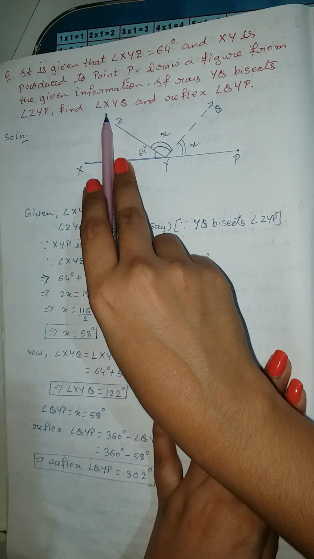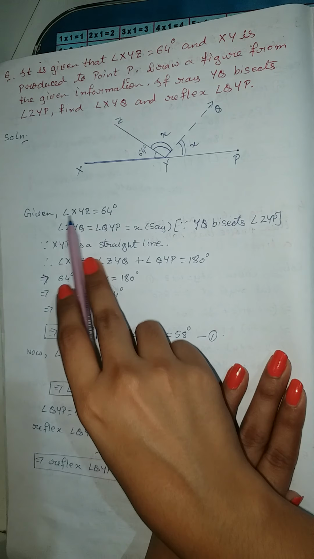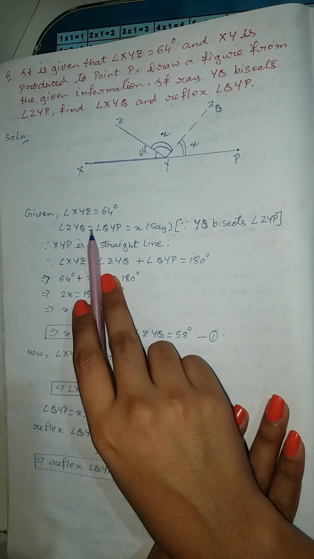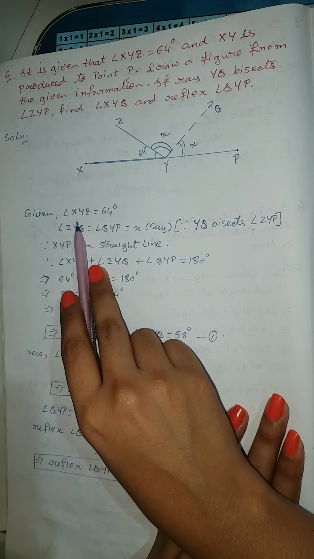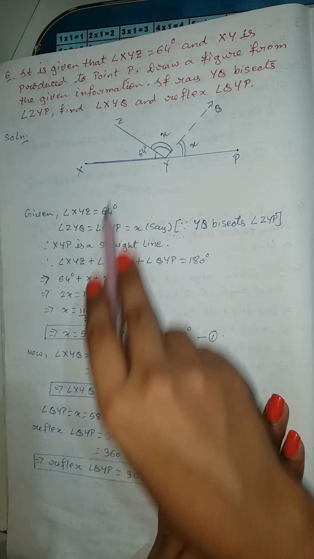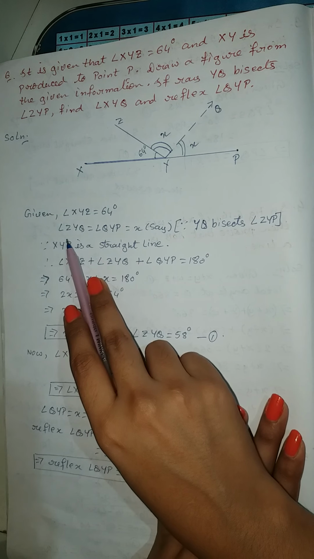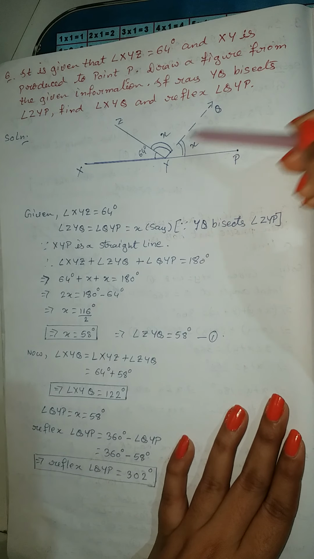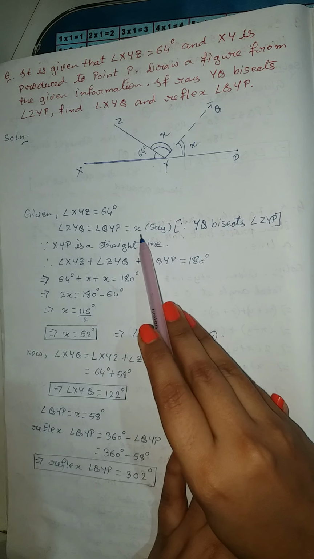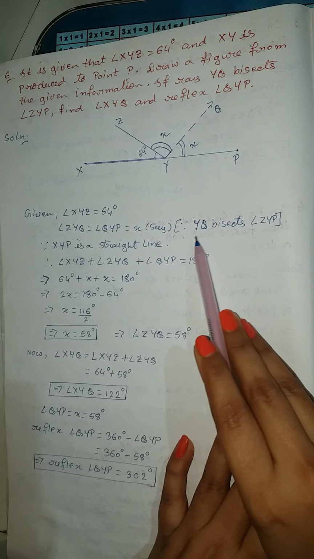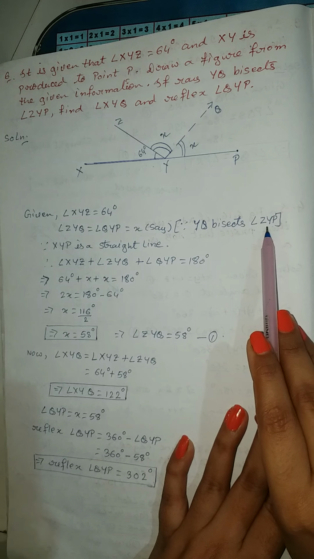So let's focus on XYQ first. We'll write down whatever information is given. So first it is given XYZ is 64. This particular angle is 64. Then ZYQ and QYP are equal, say X, because YQ bisects angle ZYP.